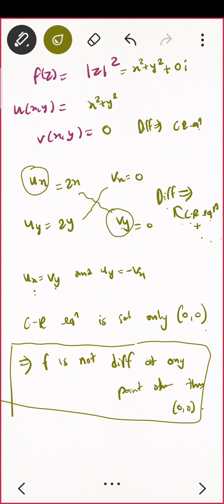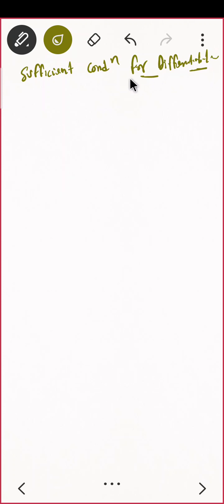Correct? As we proved. So now let us write the sufficient condition for differentiability. Okay, I'll state the theorem first.